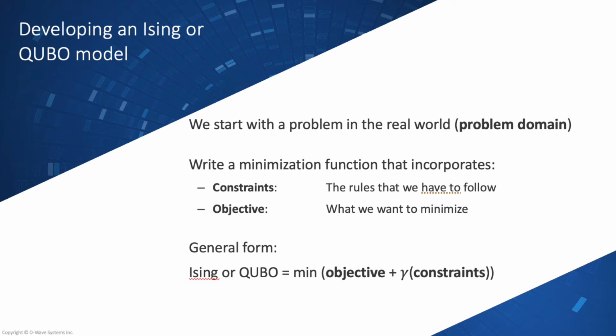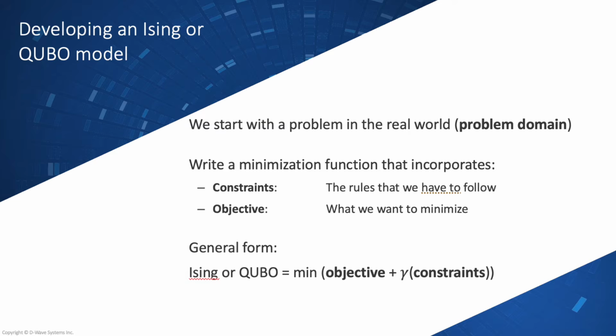Write a minimization function, the objective function, that incorporates the constraints, the rules that we have to follow, and the objective, which is what we want to minimize. And then we bring them together in a general form. Something to be minimized is an objective plus the constraints, but we have to multiply the constraints by a number, which is known as the Lagrange parameter here, written as a gamma.